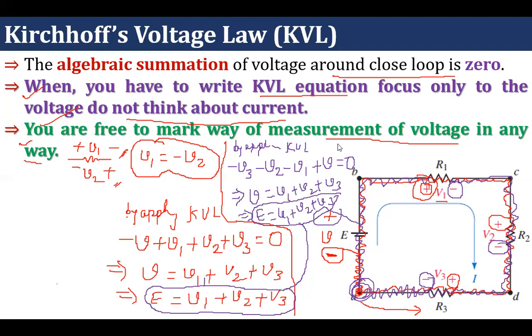Suppose somebody says, no, I will not use the first sign, I will write the KVL equation using another sign, that means the other end sign, then also we'll get the right mathematical equation. But it is easy to remember, and that's why I am saying we all are going to follow this rule: whenever I am writing a KVL equation, whatever first sign I see, that sign I will write into KVL.